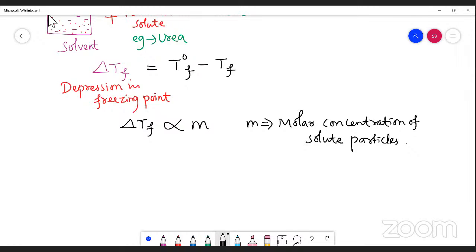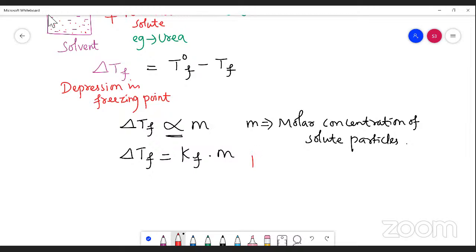So in order to remove this proportionality sign, I am going to indicate equal to Kf into M. What is this Kf?